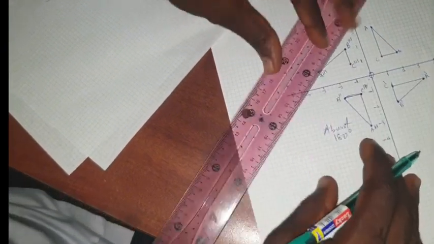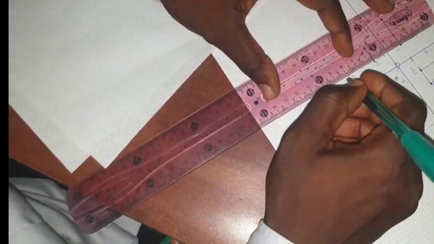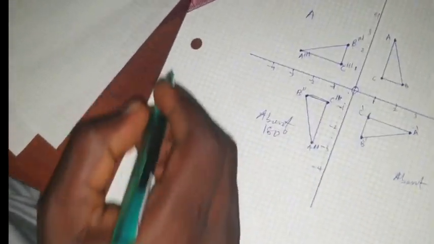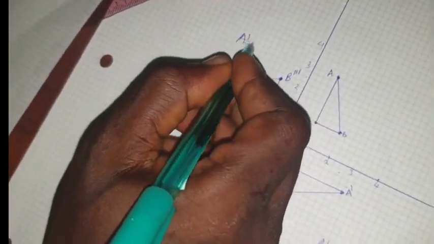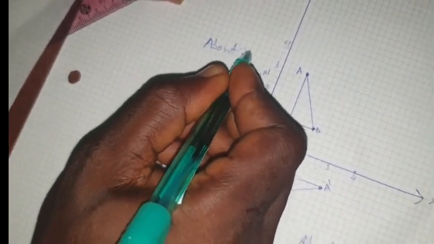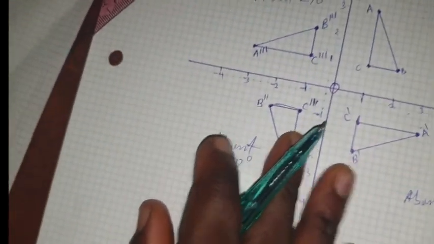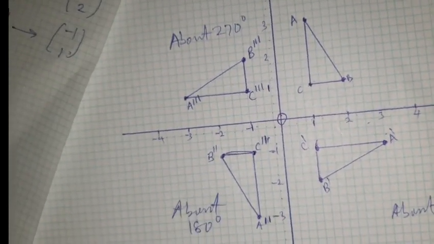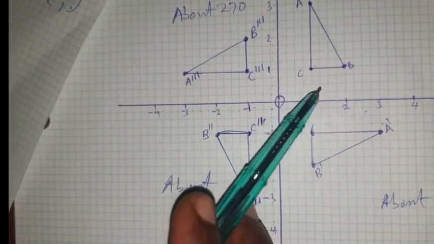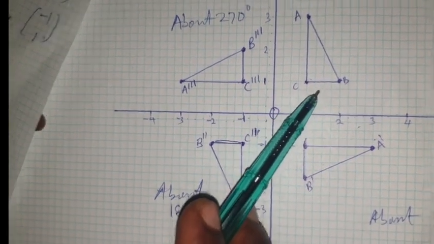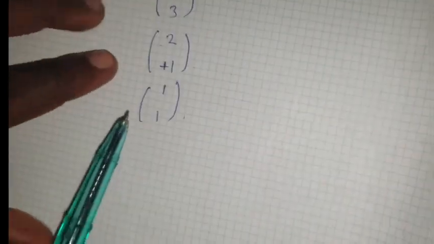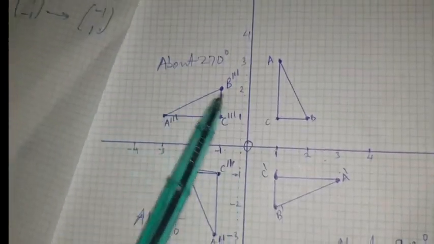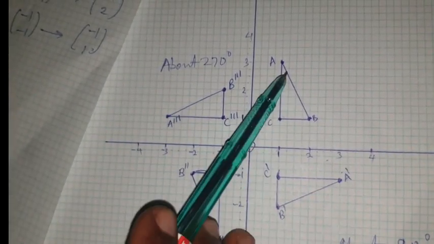So we have the third, that is about 270 degrees rotation. If you want to test for about 360 degrees rotation, you will notice that is the original position, which is 1, 3: 1 on the x-axis, 3 on the y-axis.